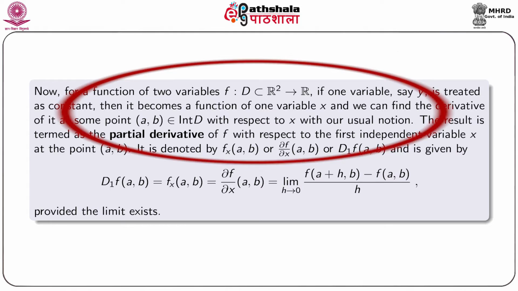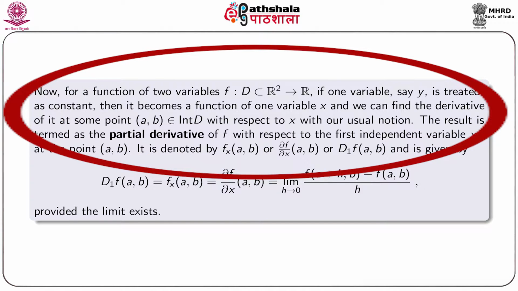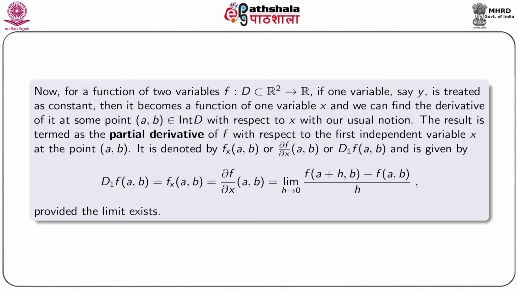So, we can try to find the derivative of f treating it as a function of one variable at some point (a, b) which is interior to the set D with respect to the variable x. This result is termed as the partial derivative of f with respect to the first independent variable x at the point (a, b).